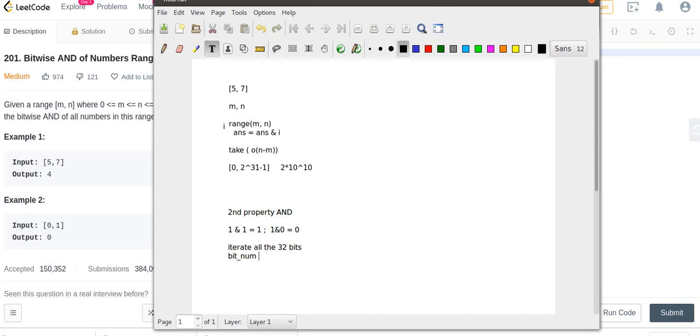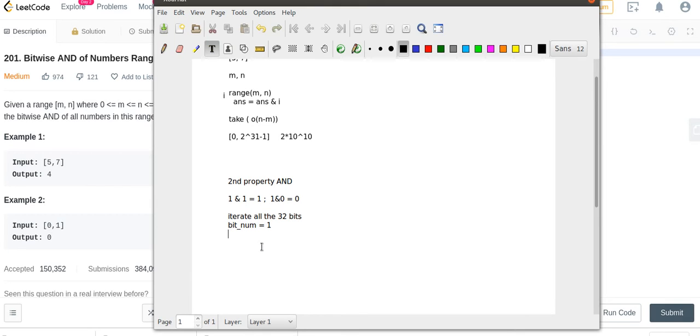For example, the bit number currently equals 1, indicating the least significant bit. Then we iterate the numbers in the range m to n again, and check whether the bit at i equals 0.